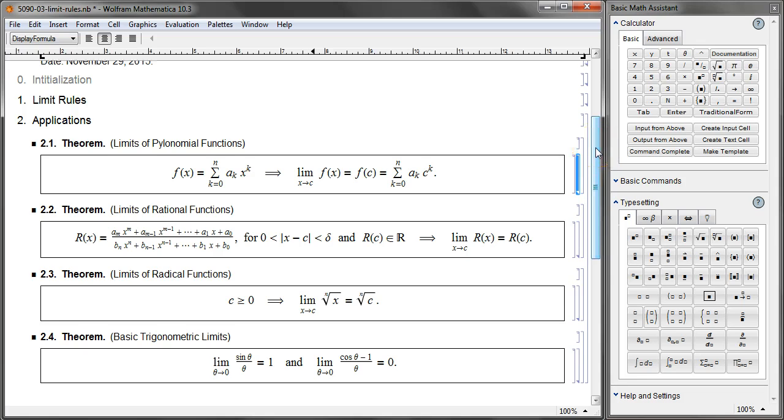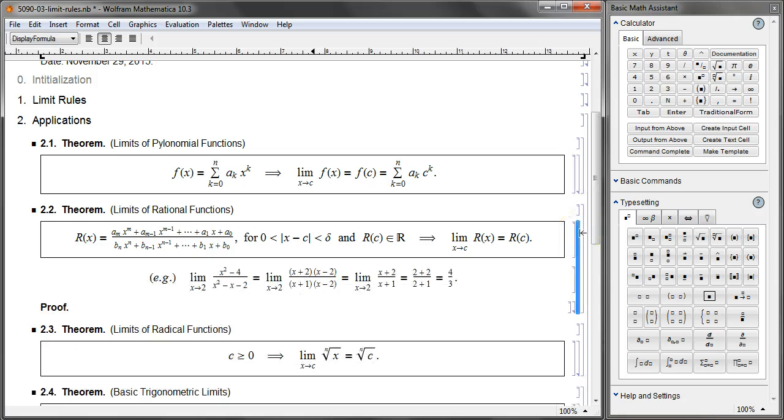Okay, how about the next one, limits of rational functions? We can just plug in unless the denominator is 0. Here is an example.